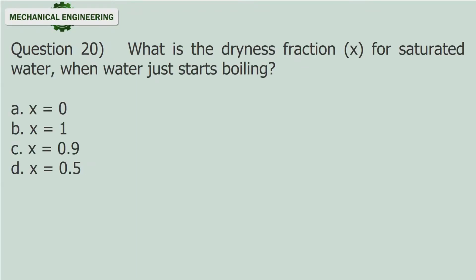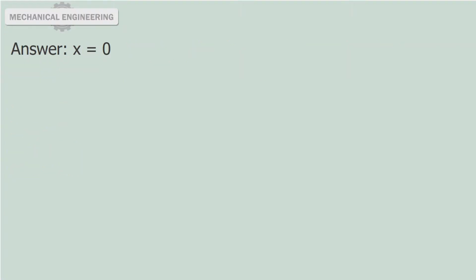Question 20. What is the dryness fraction X for saturated water when water just starts boiling? A. X equals 0. B. X equals 1. C. X equals 0.9. D. X equals 0.5. Answer: X equals 0.